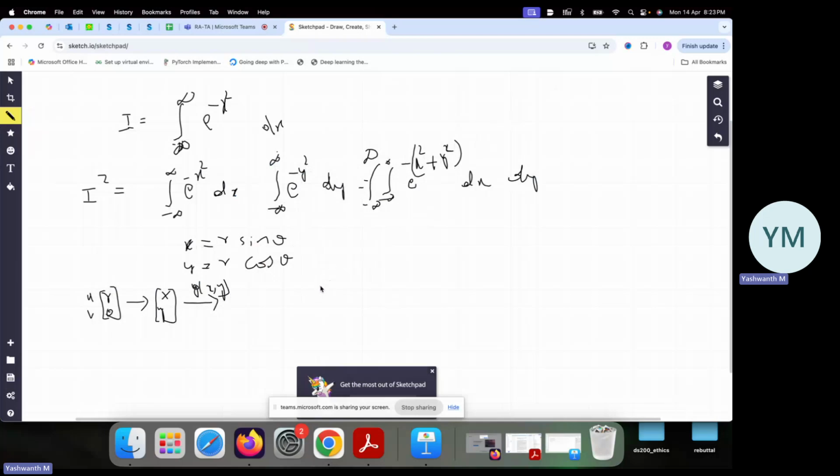So let's do it. Let's compute the Jacobian.